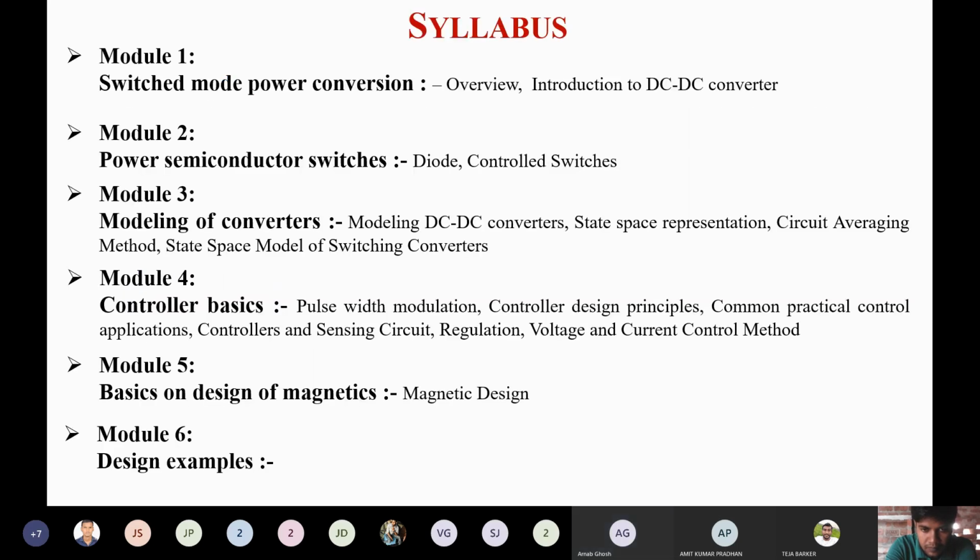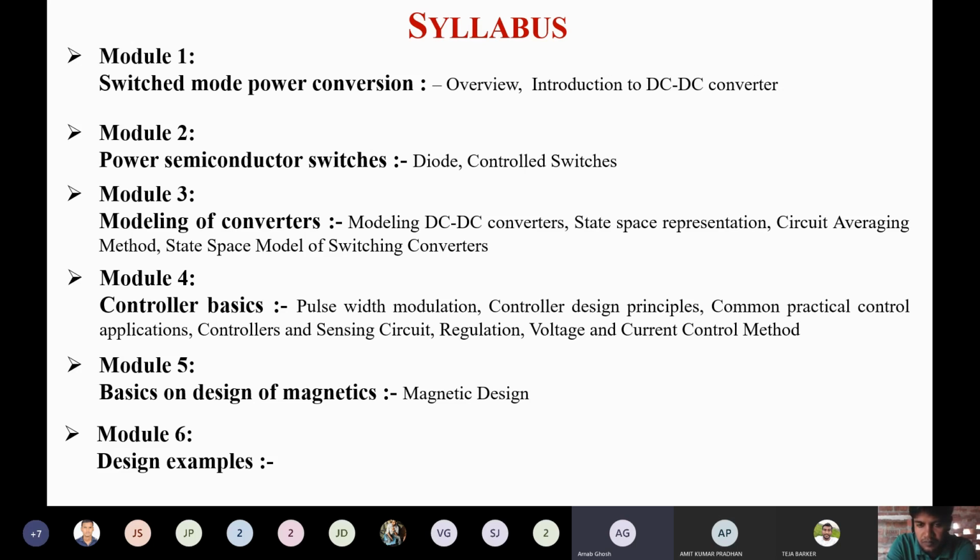Module one is the introduction, which I have discussed. I will also discuss some important points about topologies of power conversion and the different types of converter.